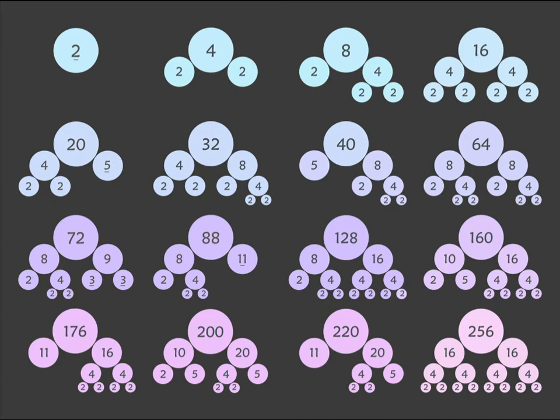Yes, it also happens with the number 144, but we only look at the first time it occurs. So, for example, 28. Well, 28 would have the same structure as 20. So that's why we don't see 28. You could imagine that 28 is there. It's just hidden by the number 20. It's behind the number 20.